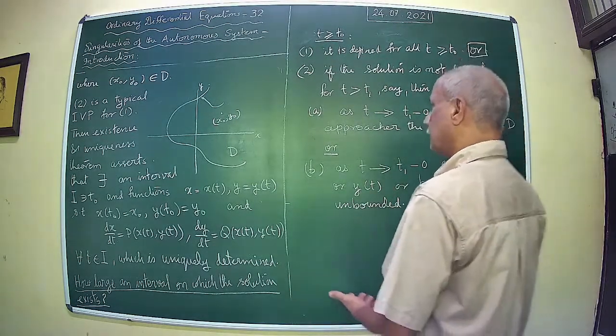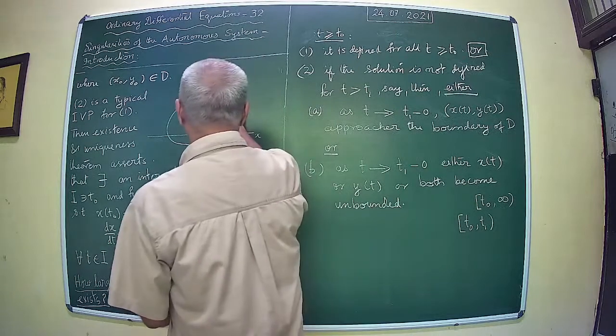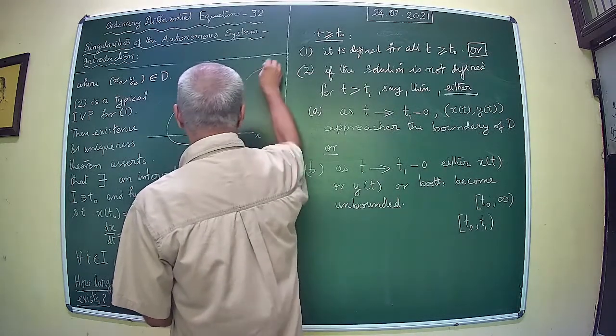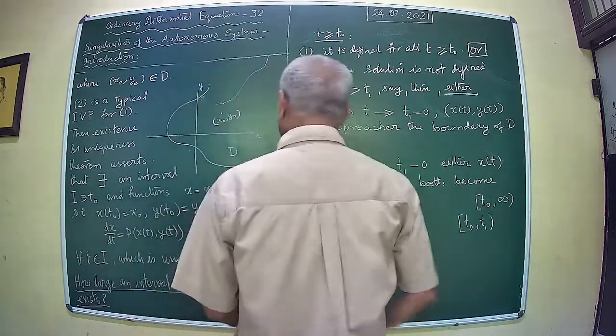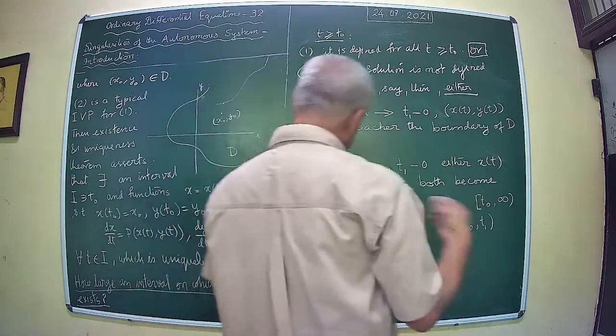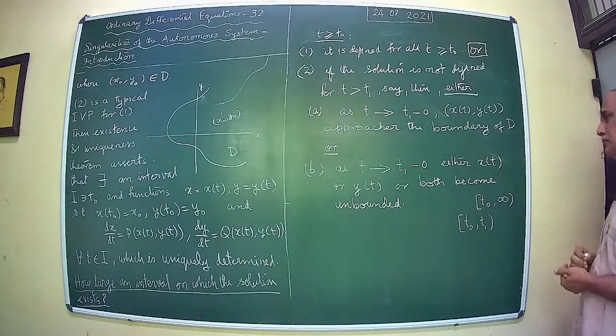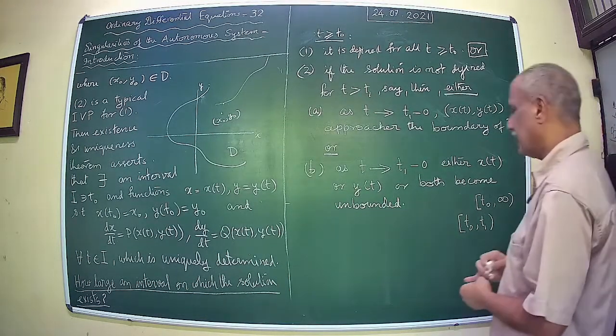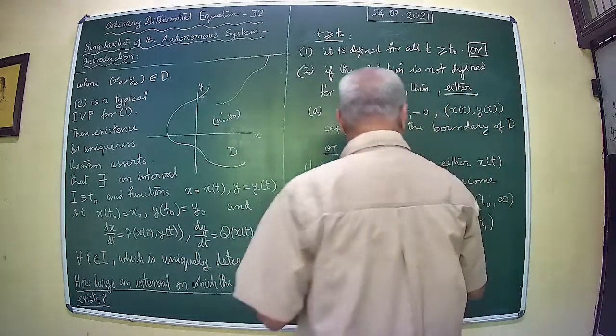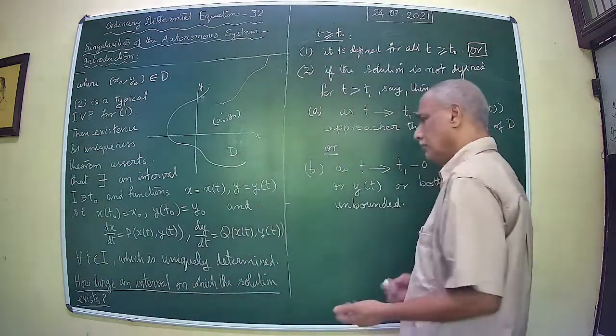Or the other possibility is that this may just become unbounded. So it may be defined only up to say t equal to t1, so that as t tends to t1 minus 0, either x(t) or y(t) or both become unbounded.